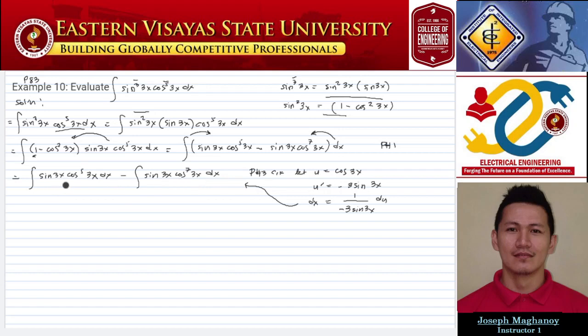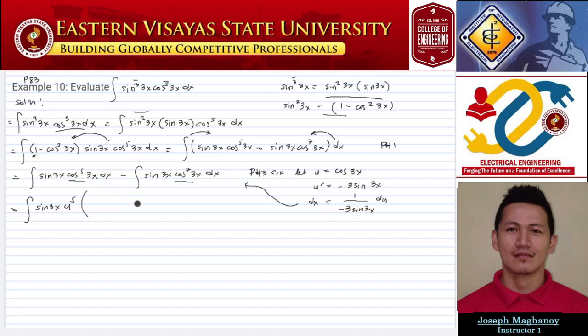Since cosine 3x is common in both terms, okay, let's apply the correction factor. That is integral of sine 3x. So cosine 3x, we replace it with our u. So that is your u. Don't forget your power, that is 5.